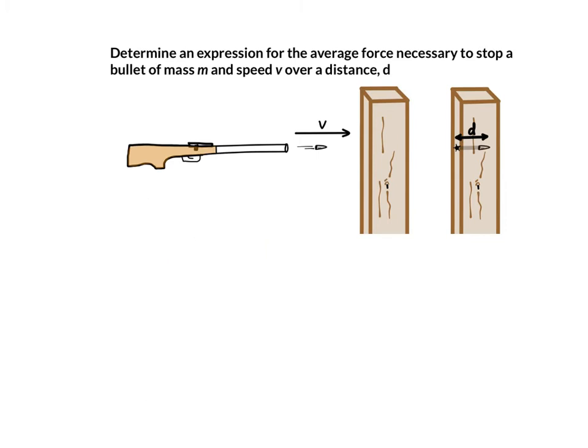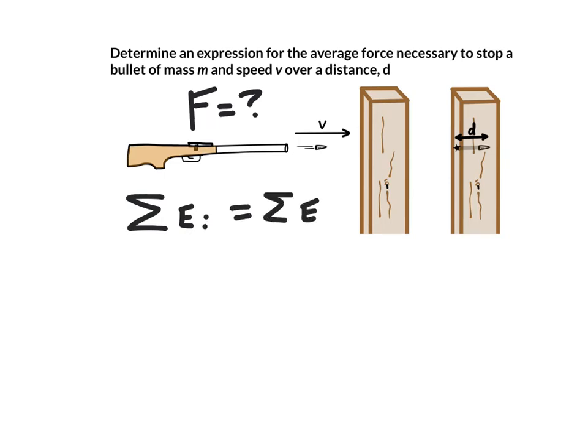Step 1, identify what they're asking. In this case, they're asking for force. Step 2, draw a picture. Well, that's done. Step 3, apply the law of conservation of energy. Initial energy equals final energy. Step 4, identify the forms of energy that are present.